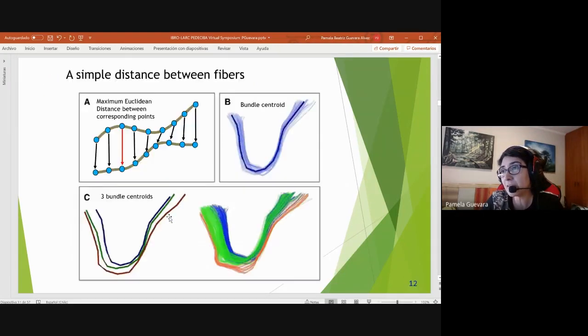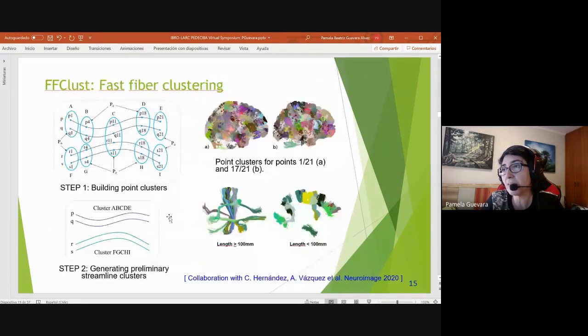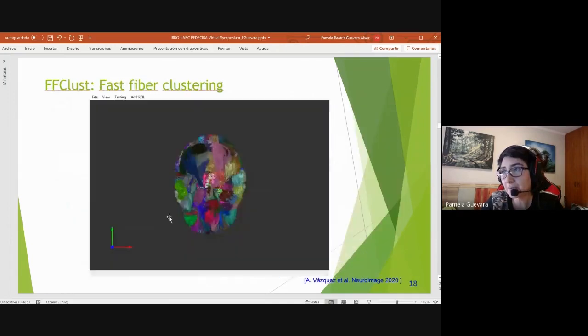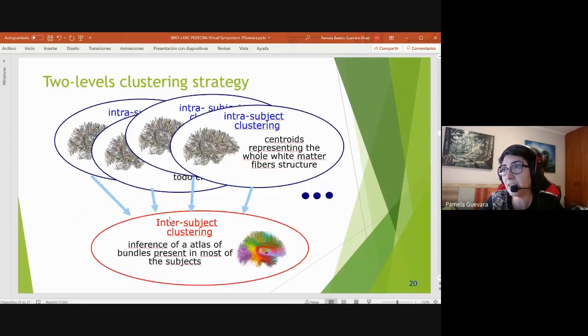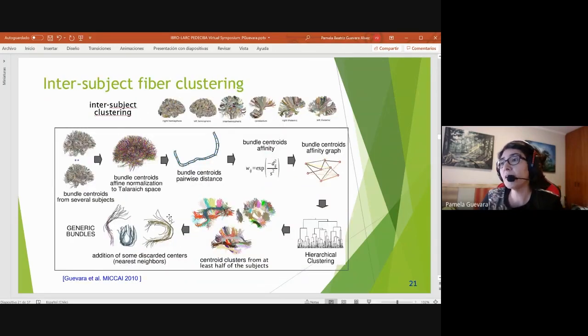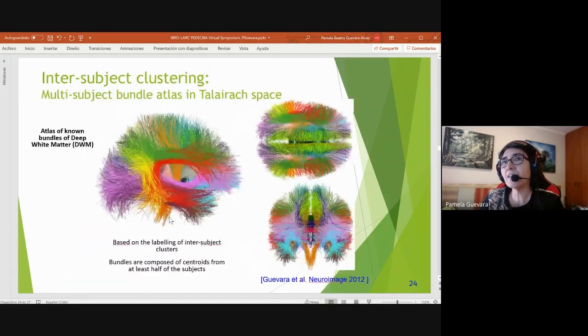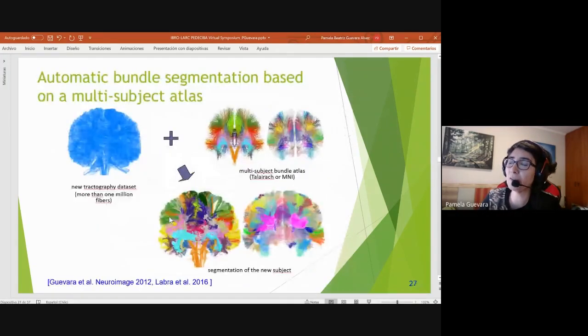So the difficulty with probabilistic tractography is that the datasets are bigger. For example, you start with 3 million, but you can have 10 million. So that's why not many works have performed this kind of study, but we tried to do it.